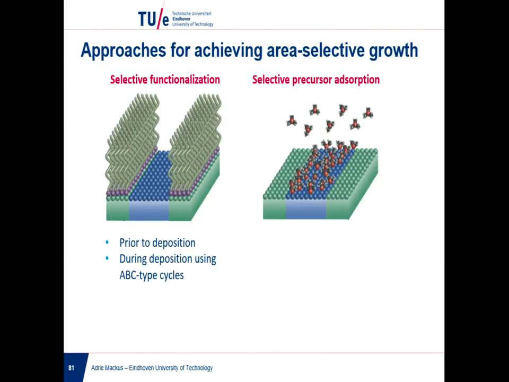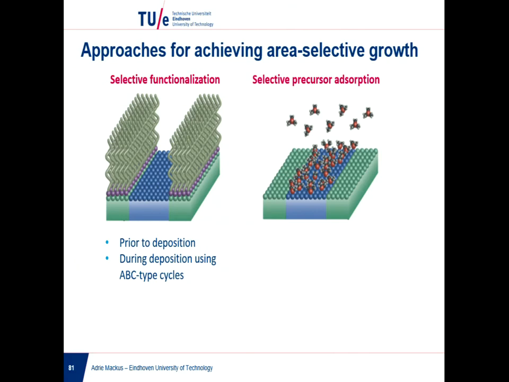So far I talked about 2 approaches for getting selectivity. I talked about selective functionalization of the non-growth area, and I talked about 2 different ways of doing that. You can do functionalization prior to your deposition using self-assembled monolayers, or you can do it every cycle with these inhibitor molecules.